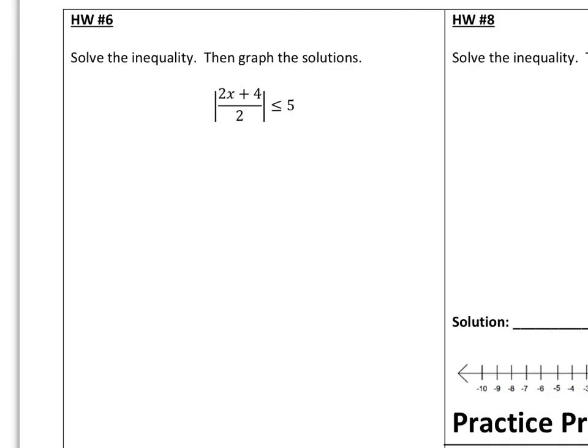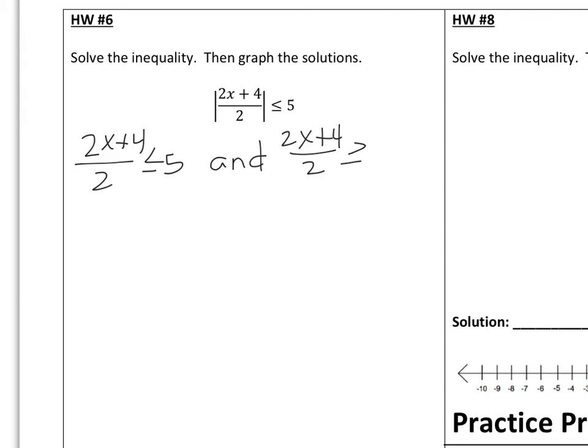Okay, let's take a look at homework number 6. Again, this one starts out as a less than, so I know it's an and problem. So we've got 2x plus 4 over 2 inside the absolute value, so we're okay to drop it off. Less than or equal to 5, and 2x plus 4 divided by 2 is greater than or equal to, and then I need to change the sign to -5.